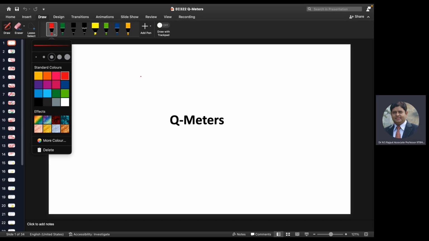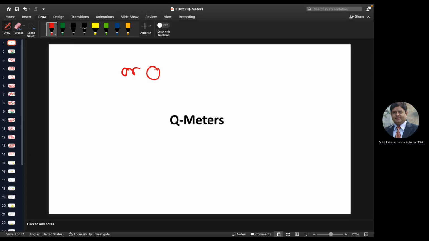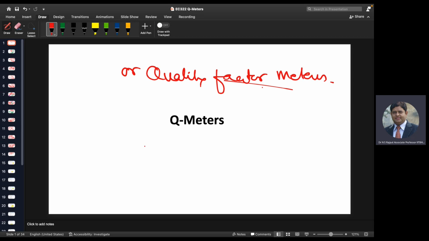So Q meters or quality factor meters, right?